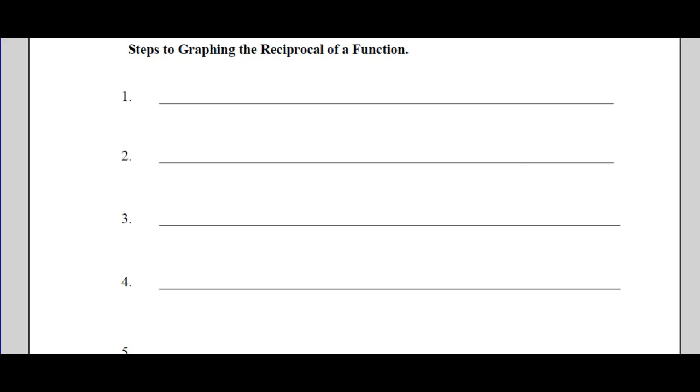Okay, so step 1. Find where the original function is 0, right? That's the x-intercepts, right? So you're going to draw vertical asymptotes through the x-intercepts of the original function, right?